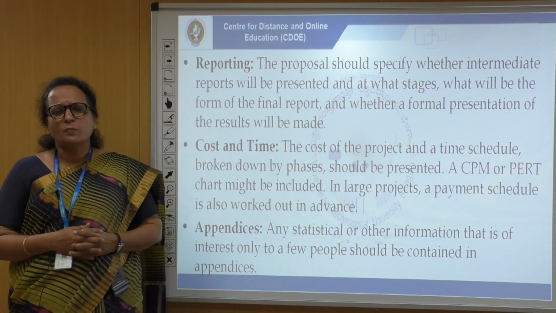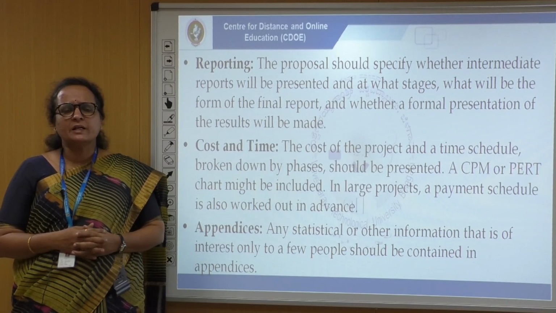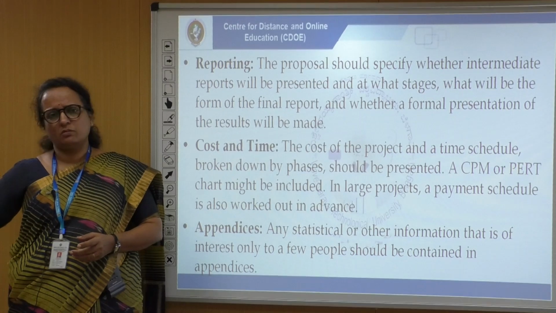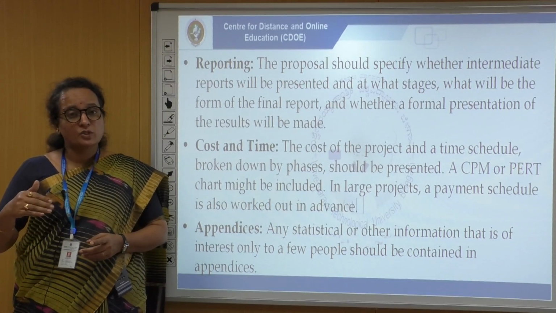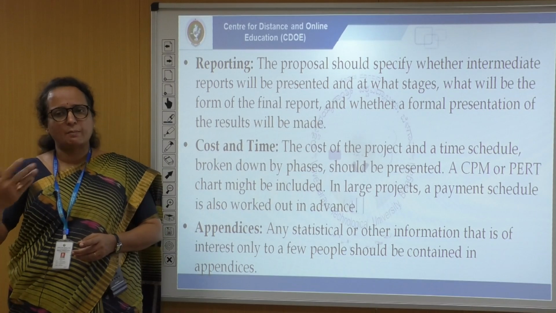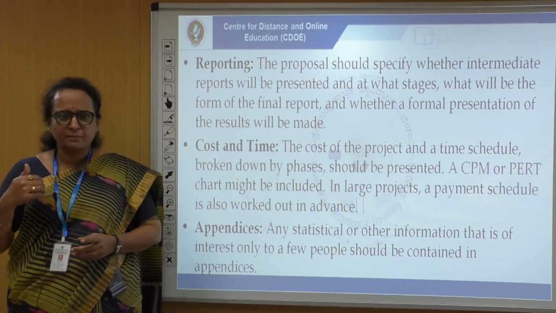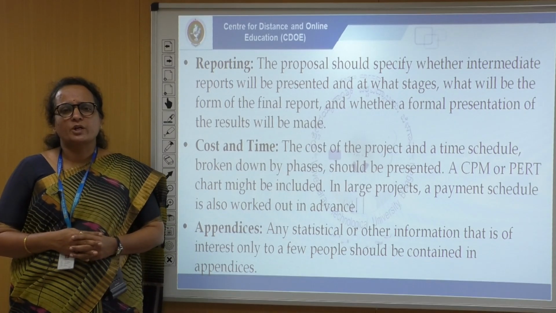Normally the research organization will be presenting the report twice, thrice till the completion of the project. Intermediate reports are nothing but phase wise the reporting will happen. How the reporting will happen, if it is intermediate reporting, then at what stages the reporting should happen.